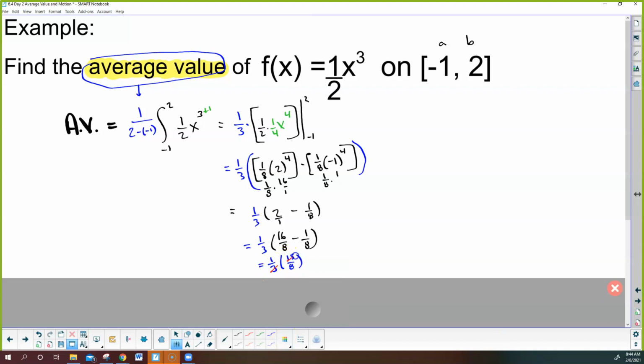This 3 and this 15 are going to reduce out by a common factor. So that'll give me a 5 on top and an 8 on bottom. And there is the average value of the function f of x from this interval.